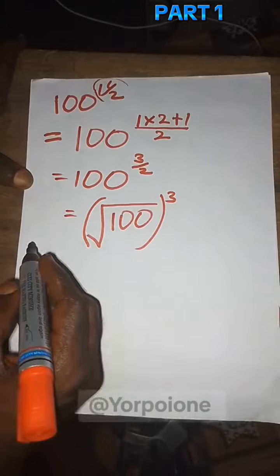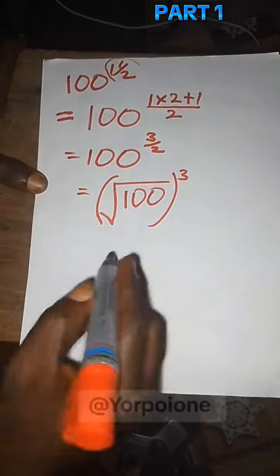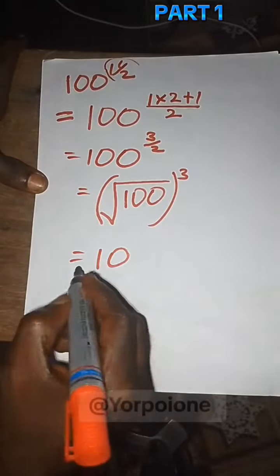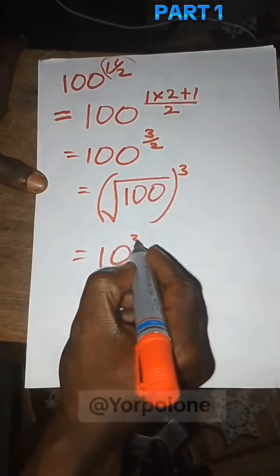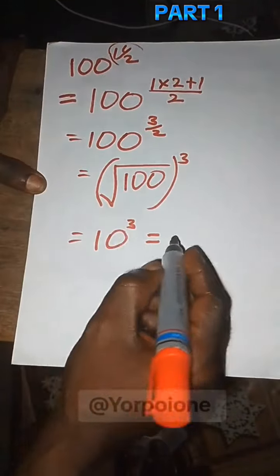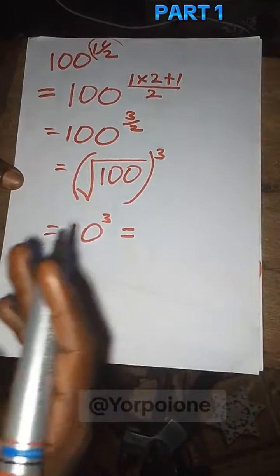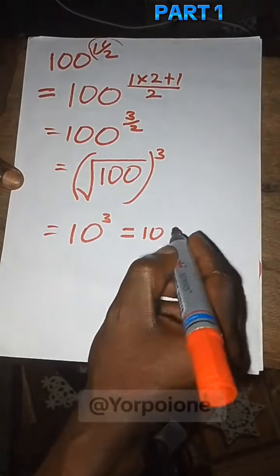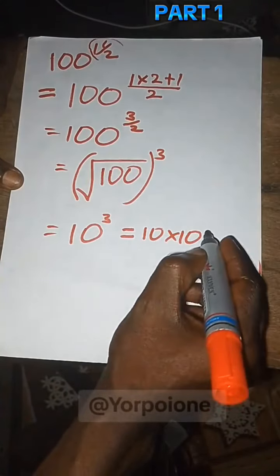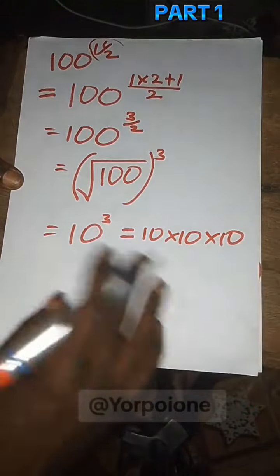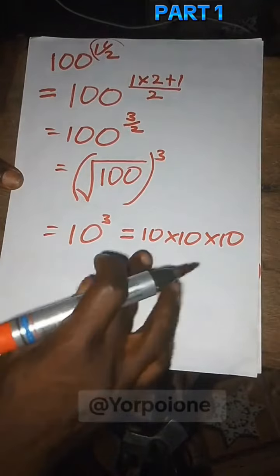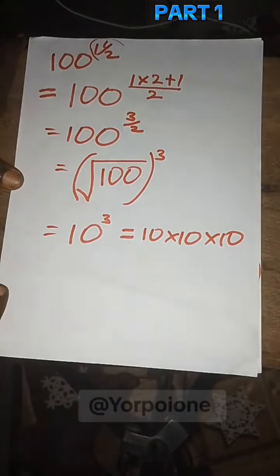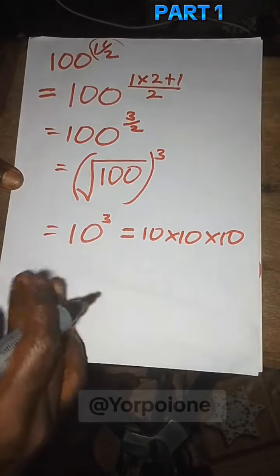Is that okay? So the square root of 100 gives us what? 10. So 10 to the power what? 3. And 10 to the power 3 means 10 times 10 times 10, that is 3 times. And I've also made a video on short tips when multiplying numbers that have 0.